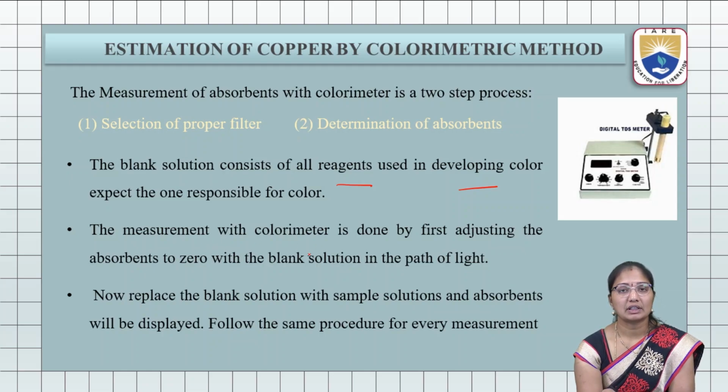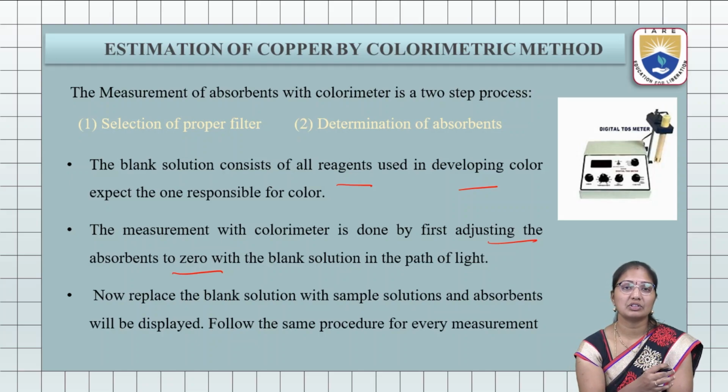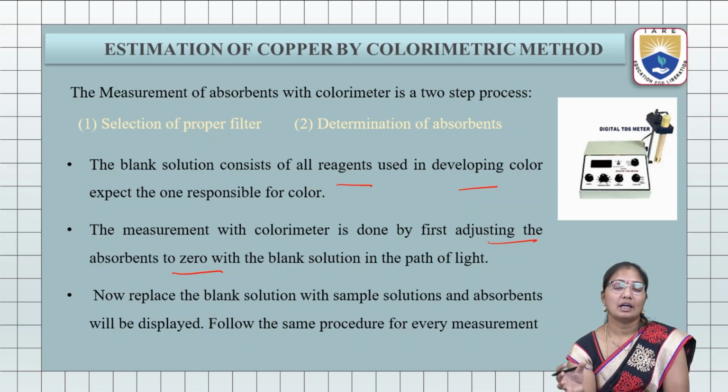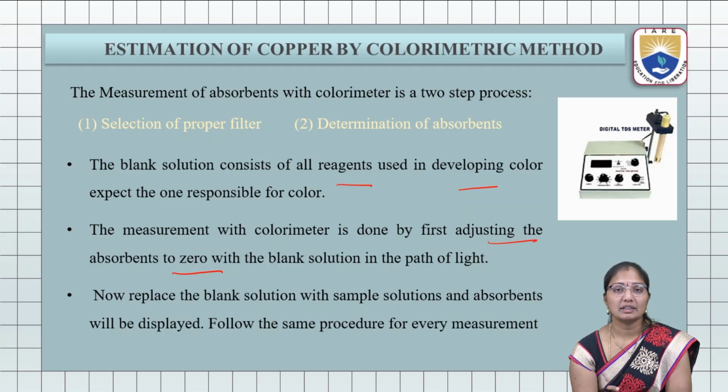The measurement with colorimetry is done by first adjusting the absorbance to 0 and the transmittance to 100%. The light passing from the source to the detector should be 100%. That is the stabilization point in the colorimeter.